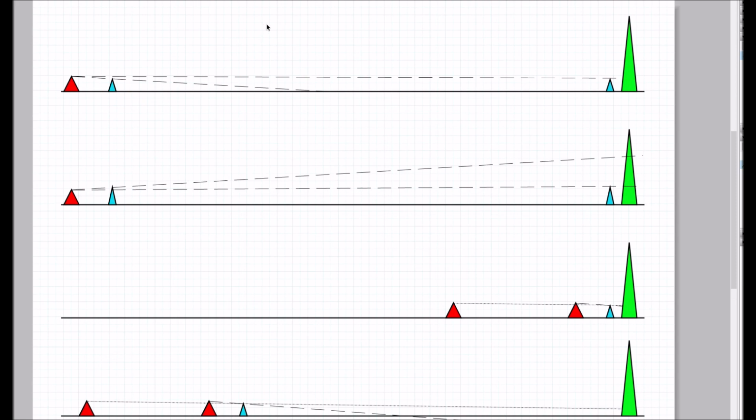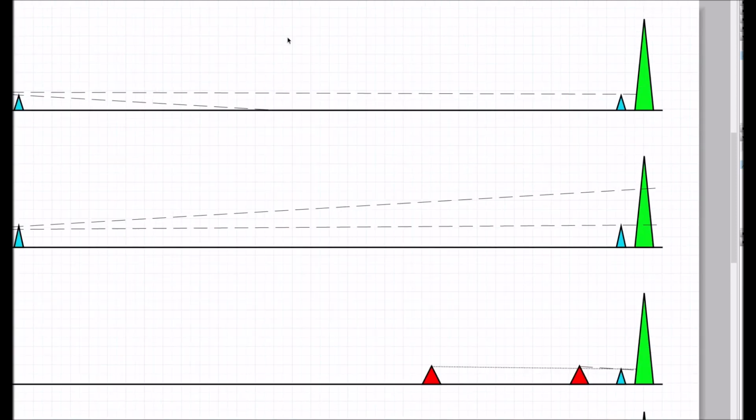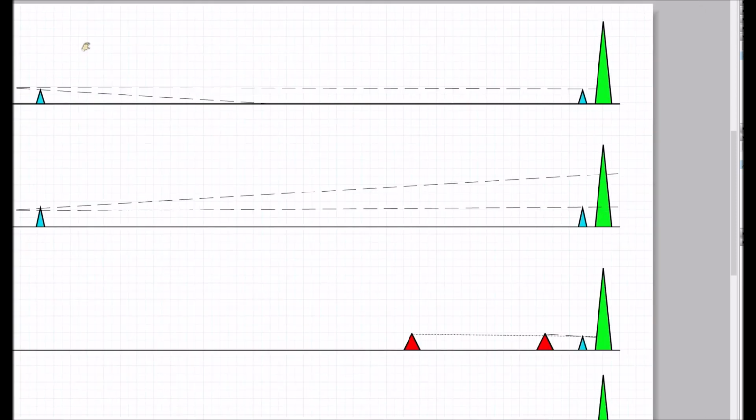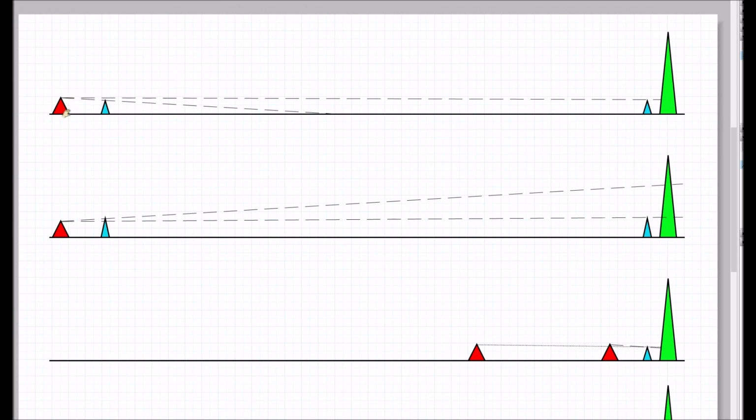Let's start by looking at the top diagram here. Let's move this where it's best. There. We have the blocking object is smaller than, or lower than, the eye level of the observer. This is over in the upper left corner of the screen. And at the upper right corner, we have a target object.